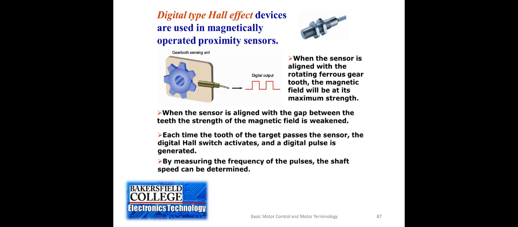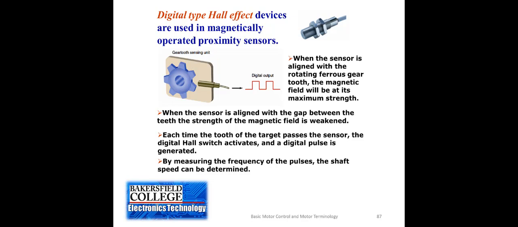Another use of a Hall effect device is that we can measure the position of a rotating object. We can also measure the speed of that rotating object.